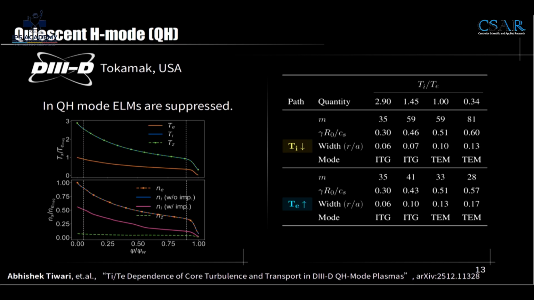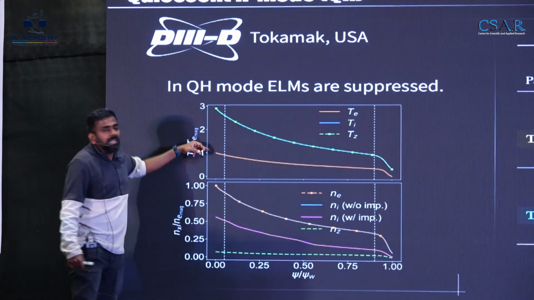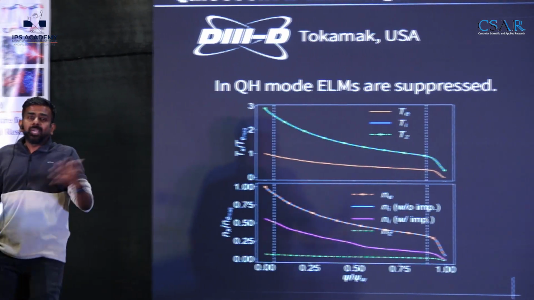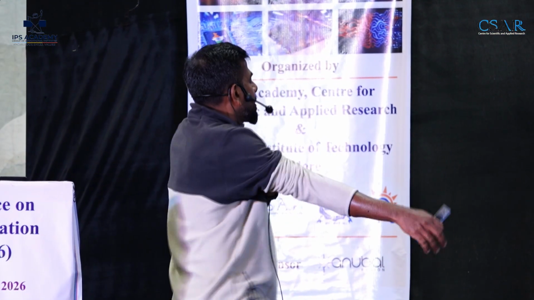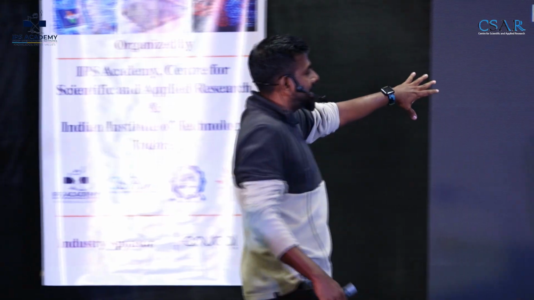Typically, you can do linear kinds of simulations. You can get different instabilities, and you can study them. So here, for example, if you look at this temperature, you find that the ion temperature is higher than the electron temperature, right? So they are not equal. They are not equilibrated. We can get into a discussion over that, but here that's the case.